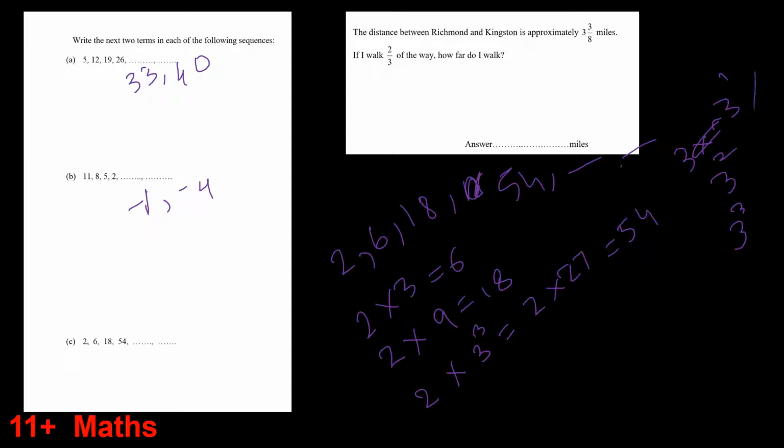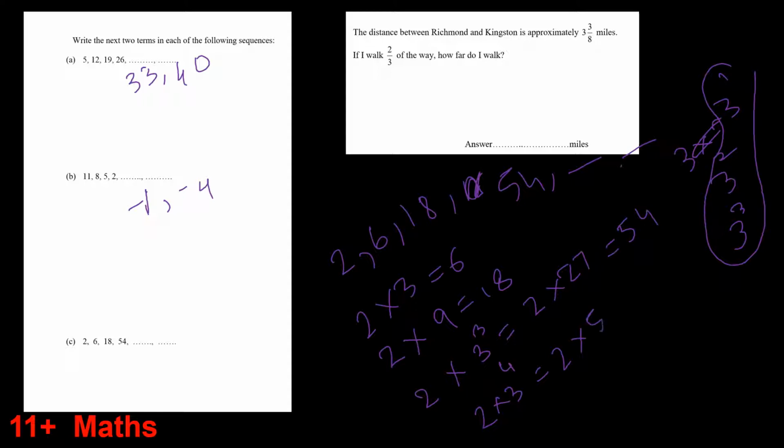So the next one is going to be 2 times 3 to the power 4. We know that 3 cubed gives 54, so you have to multiply 54 by 3.